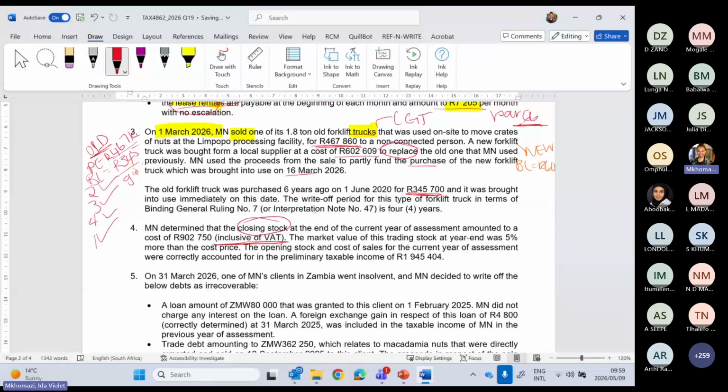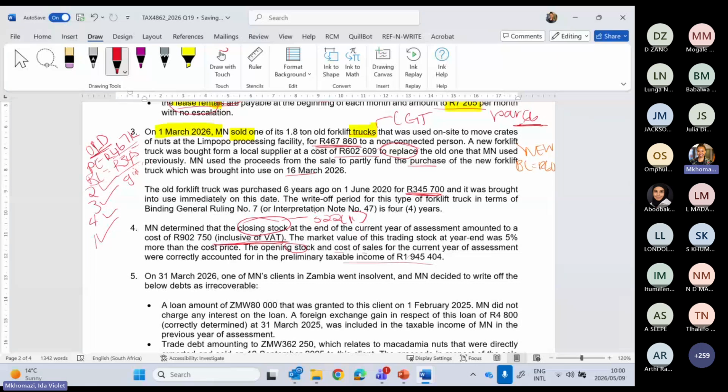The opening stock and cost of sales have already been correctly accounted for in the 1.9 million. So it means that you don't need to worry about the opening and the cost of sales. In terms of closing stock, the principle there is that you add it back in terms of section 22(1) of the Income Tax Act.